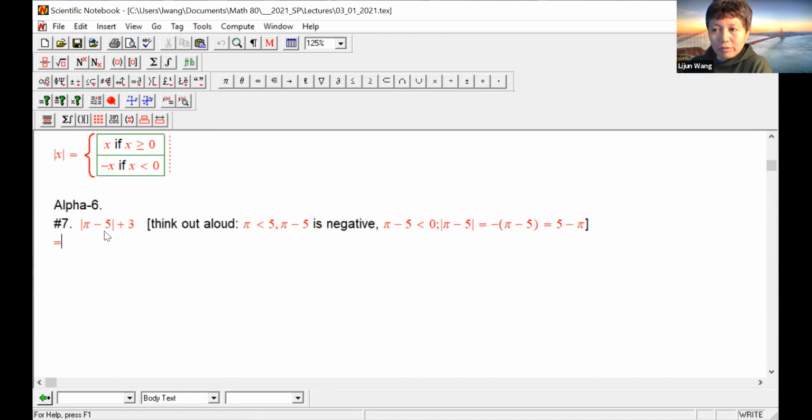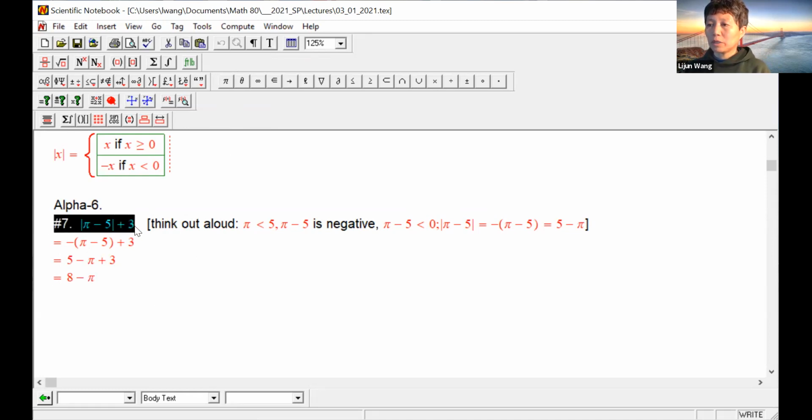The absolute value of a negative number is its opposite. And then you plus 3. As soon as you get rid of the absolute value sign, you can operate the way we're used to. You're going to have 5 minus pi, then plus 3. And now finally, you're going to get 8 minus pi.